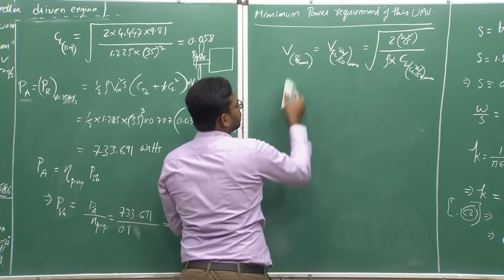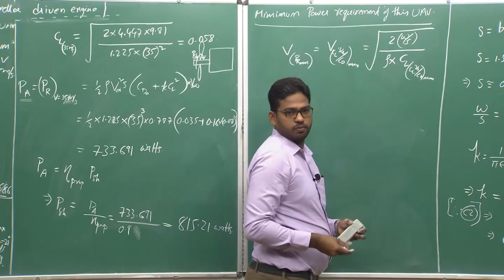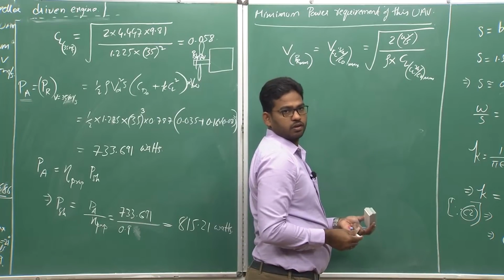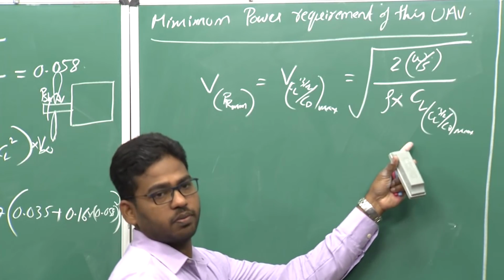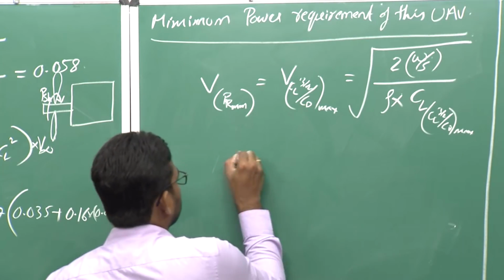To get this we need to know what CL is for the minimum power requirement condition, which is CL for CL^(3/2)/CD maximum, right. So, what is that condition?